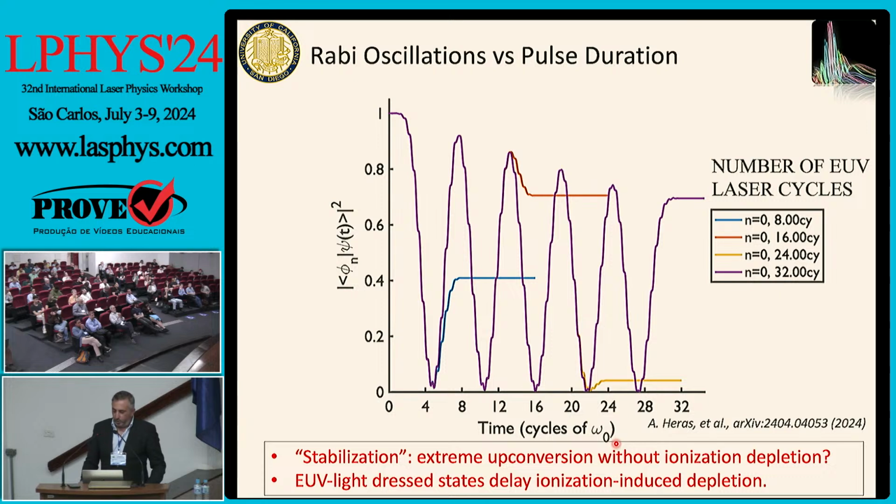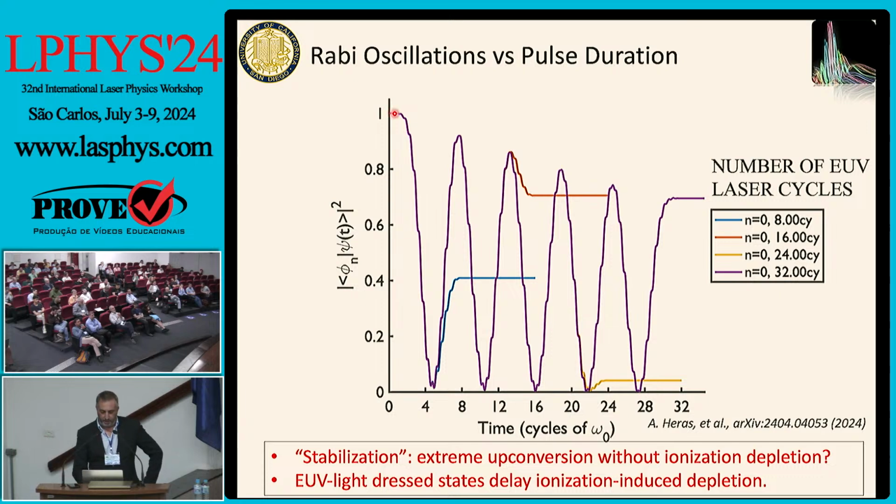It's interesting to look at what happens with the population in the ground state. If we start with a fully populated ground state, at such laser intensities, typically for other regimes of resonance, within a few laser cycles we are already fully depleting the ground state, such that we stop producing harmonics.